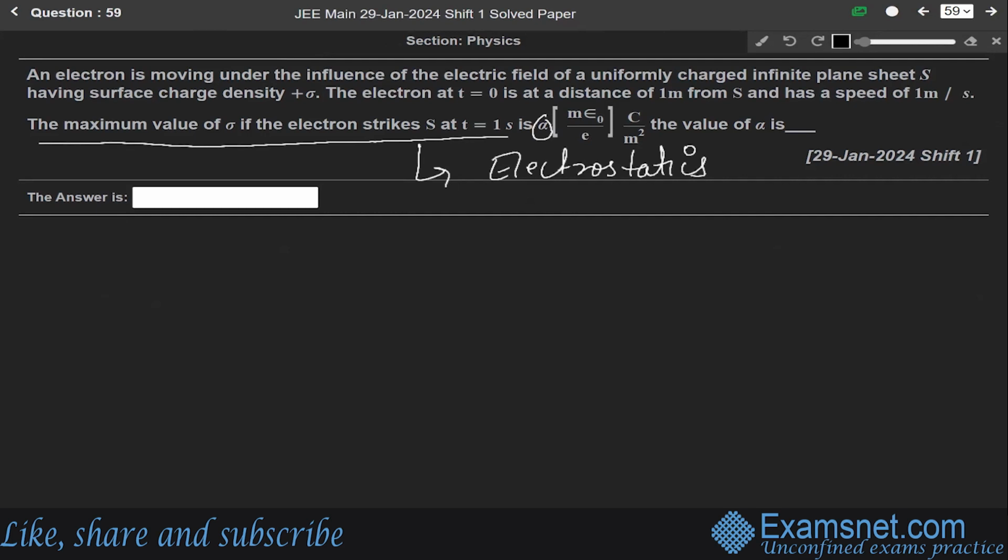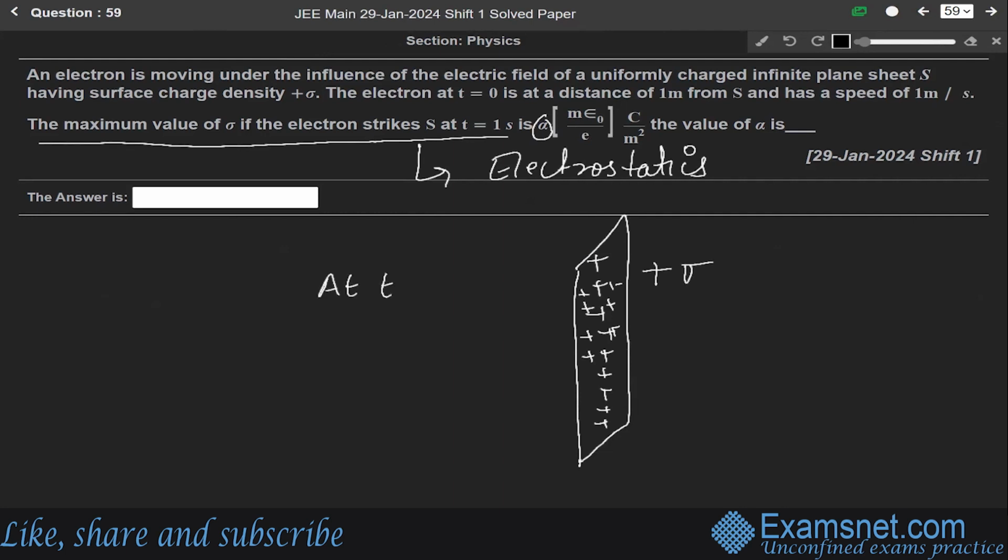According to this question, there is an infinite plane sheet. An electron is moving under the influence of the electric field of this infinite plane sheet. Let us say its charge density is plus sigma.